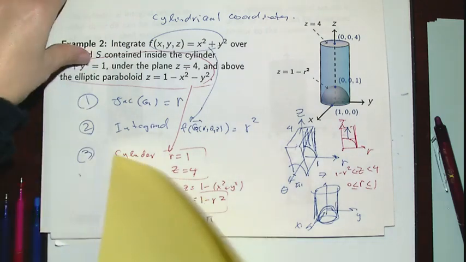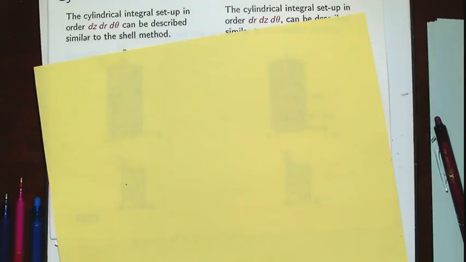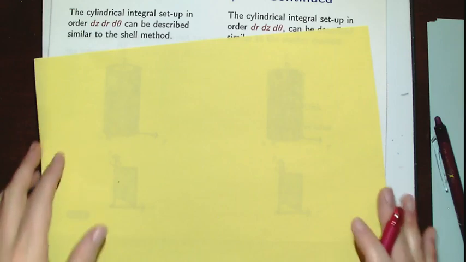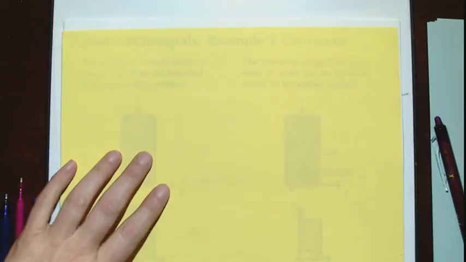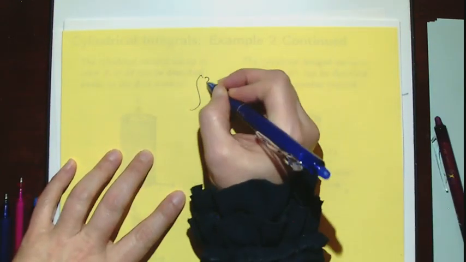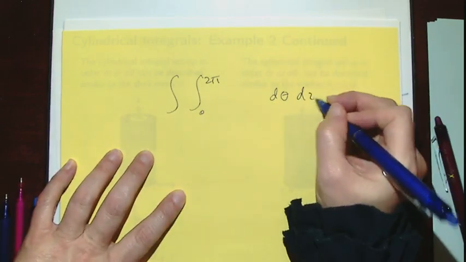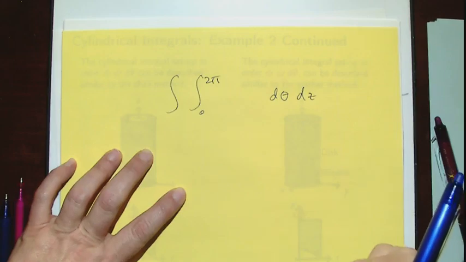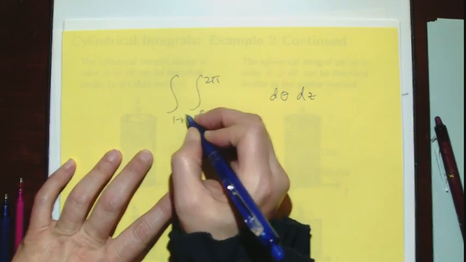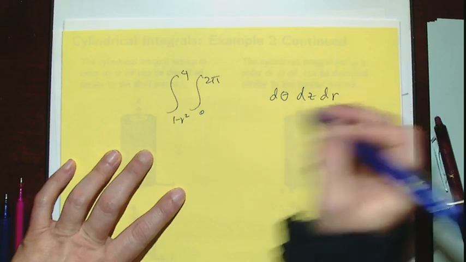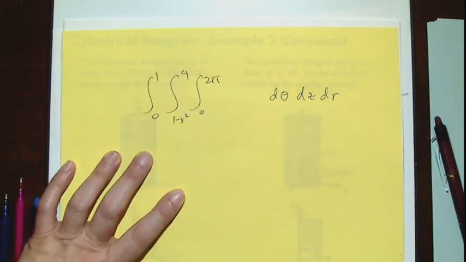Now I'm setting up the integral. The integral is going to be, on the outside, 0 to 2 pi d theta. Then I will have dz because it was z simple. Z goes from 1 minus r squared to 4. Then r goes from 0 to 1.